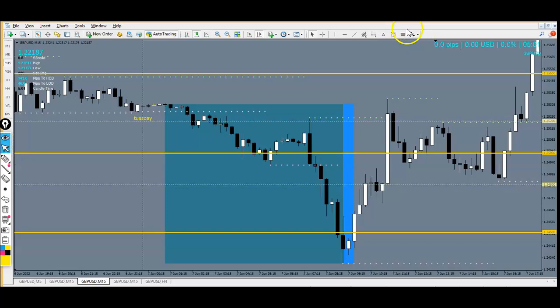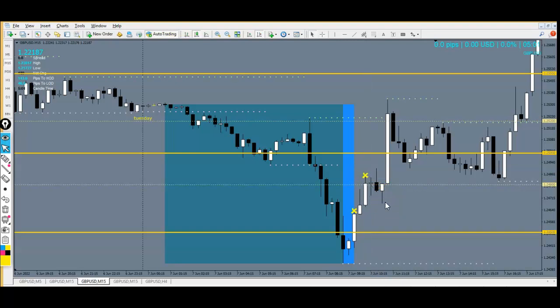So let me put that there: this first one we entered at the yellow line here will have been stopped out if we had our 10 pips, or even 15 pips. Then the next level to enter will have been down here. This is about 15, 16 pips.